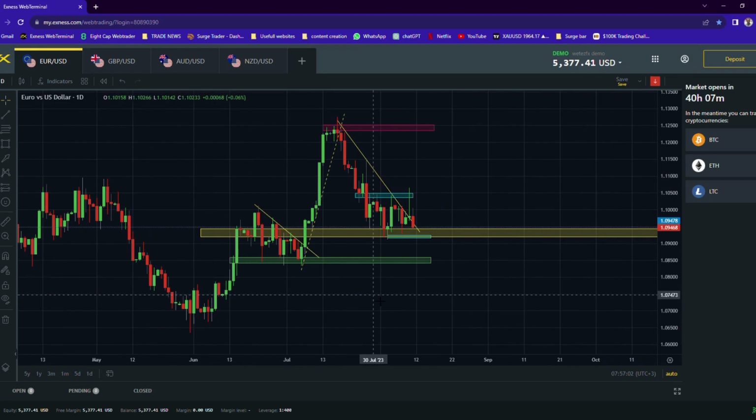So this is the 1 day time frame, and as you can see, this resistance that was created in the beginning of June was broken, and then the market is testing that exact zone right there, and you can see the rejection on the 1 day time frame. The entire week has been rejecting on the same exact zone.